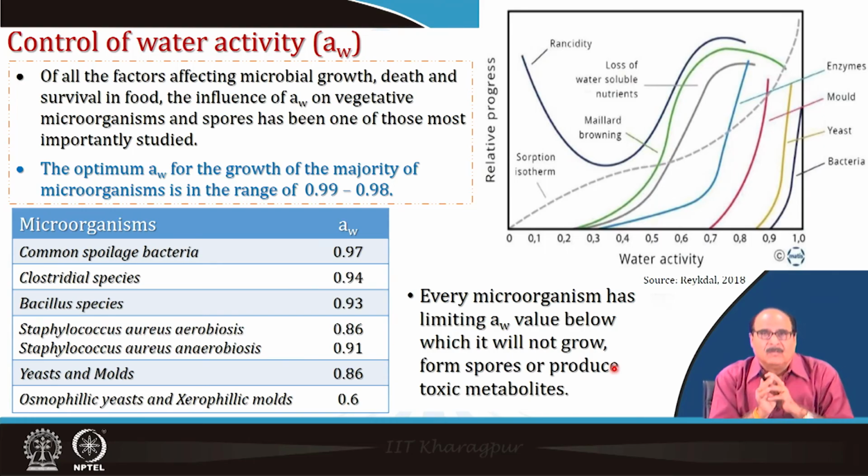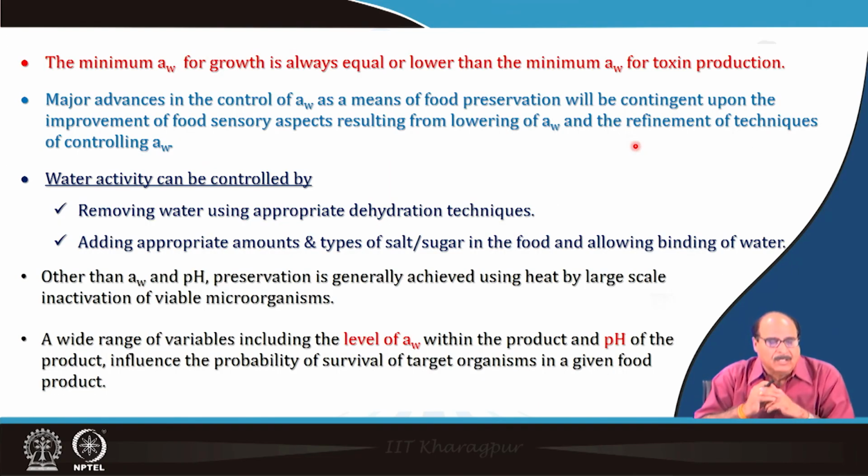So, this is the principle of this method, and in this figure we have shown how various reactions are influenced by water activity. The minimum water activity for growth is always equal to or lower than the minimum water activity for toxin production.